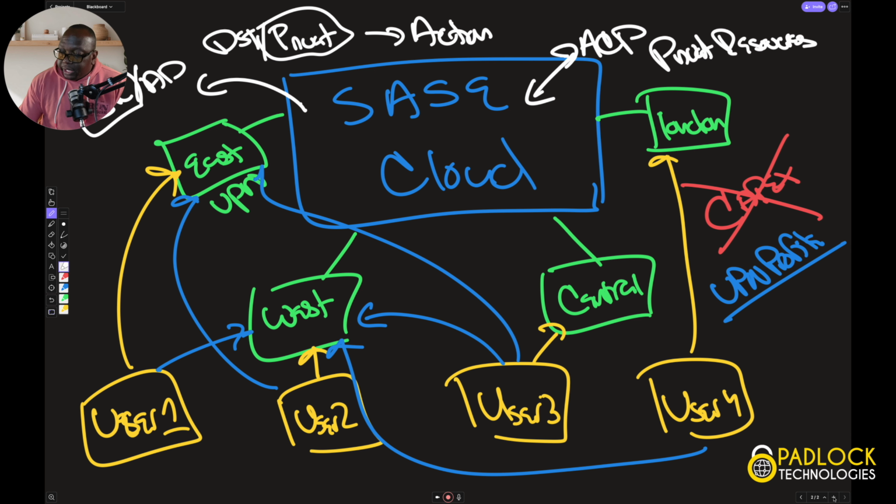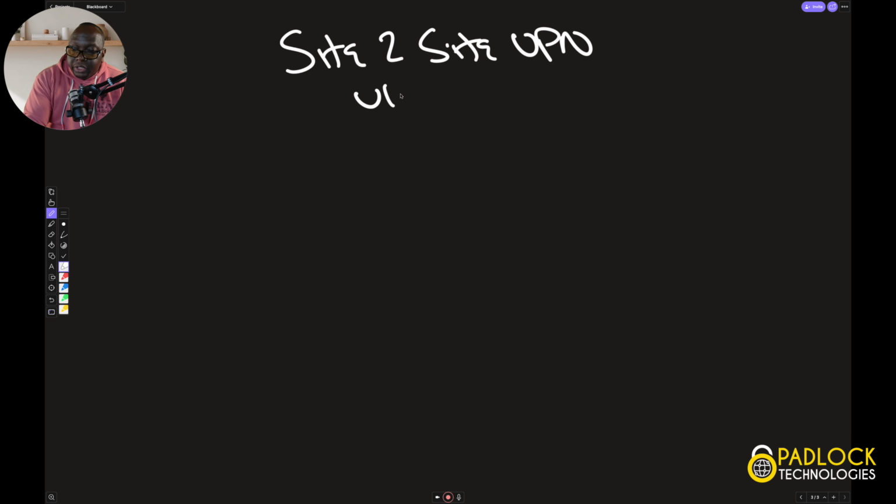And technically that would be site to site VPNs via Secure Access Cloud. So what does that look like?